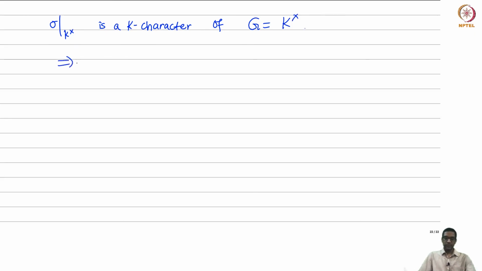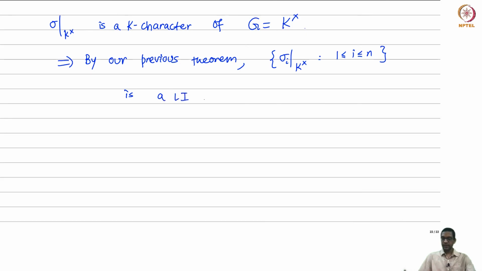So by our previous theorem, we conclude that the collection of all sigma_i restricted to K cross, from 1 to n, is a linearly independent subset of the set of all maps from G to K, and G here is K cross.